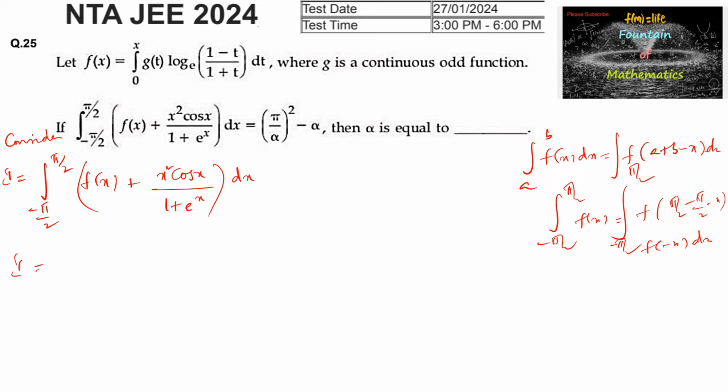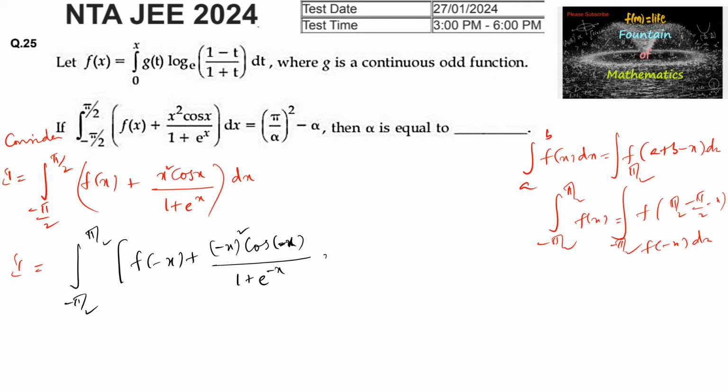So we can also write I is equal to the integral from minus pi by 2 to plus pi by 2 of f of negative x plus (minus x) whole square into cos of negative x divided by (1 plus e to the power negative x) dx.